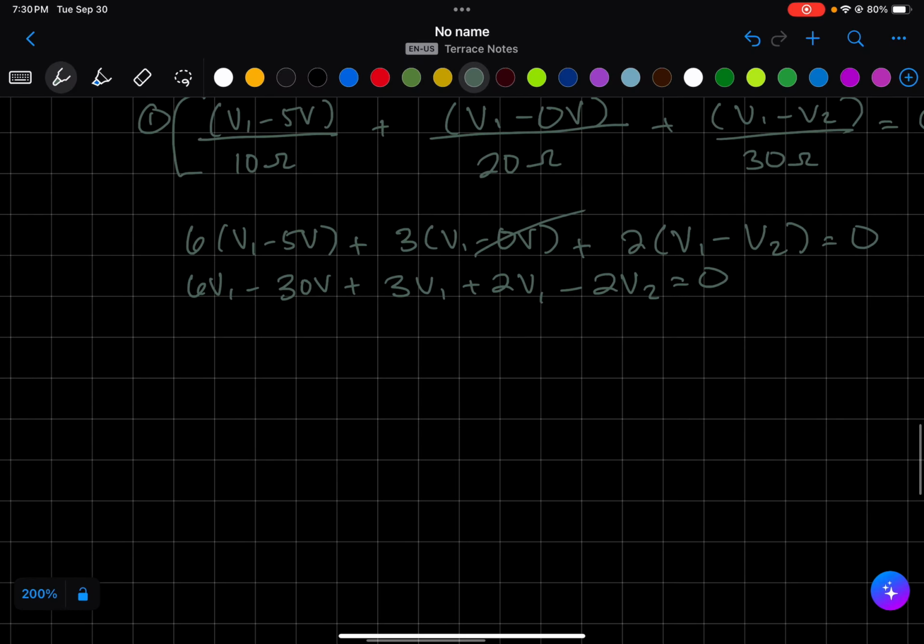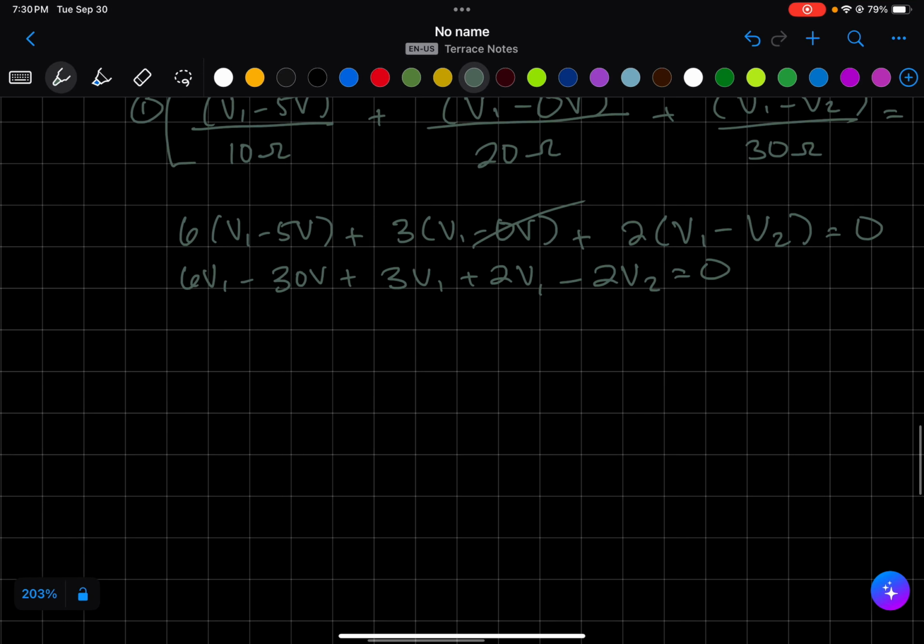Okay, so now you combine like terms. So this guy and this guy, combine it. 6 plus 3 is 9 plus v1, then minus 2v2.